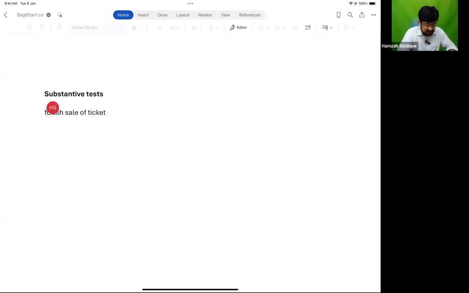So for the tickets sold for cash on the day of the festival, verify from the serial numbers of tickets sold.